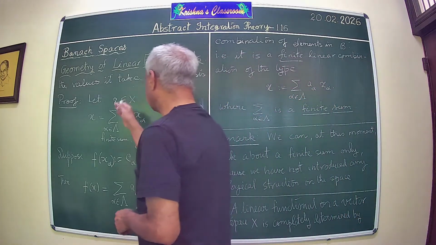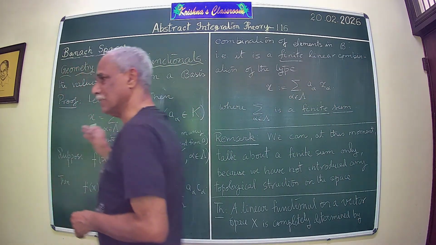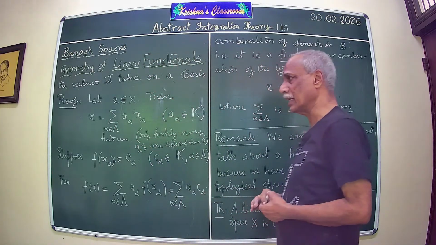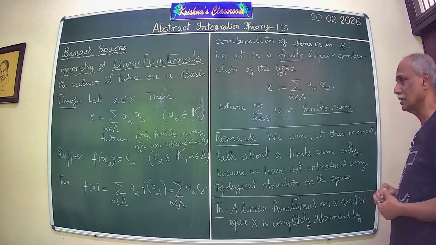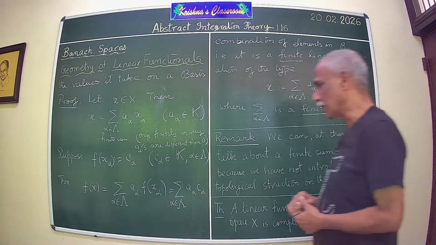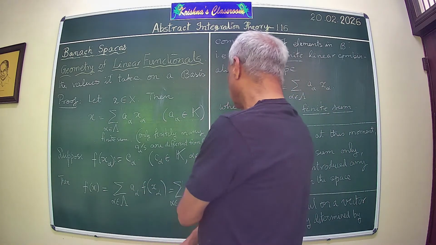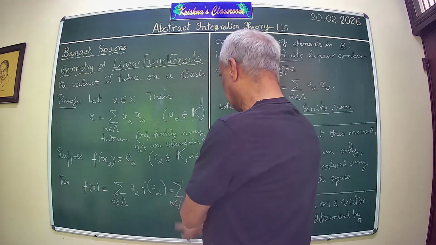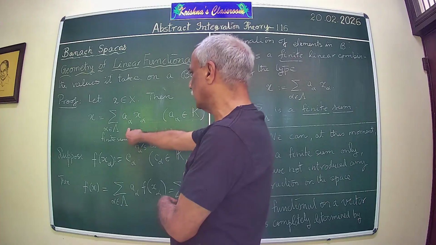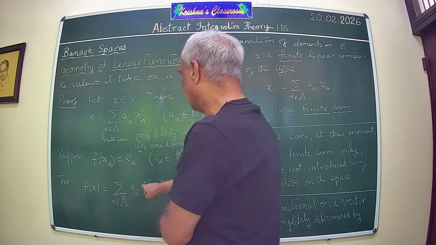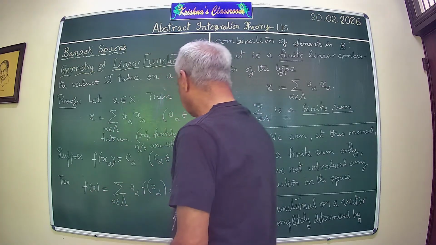Because this collection is a linearly independent collection, this is a unique representation for x, and therefore you see that f of x is given by this.